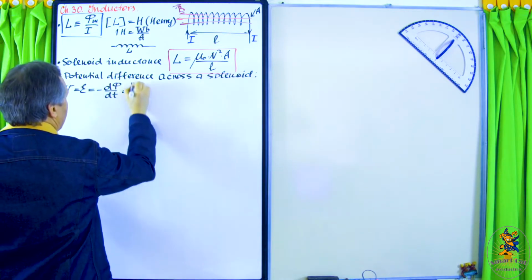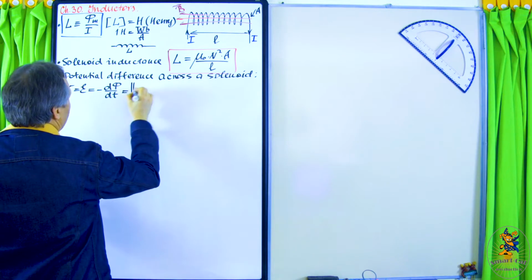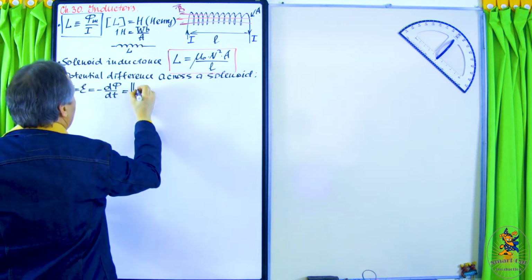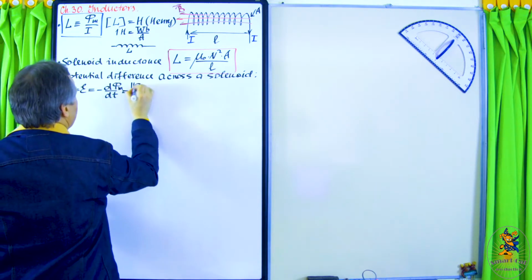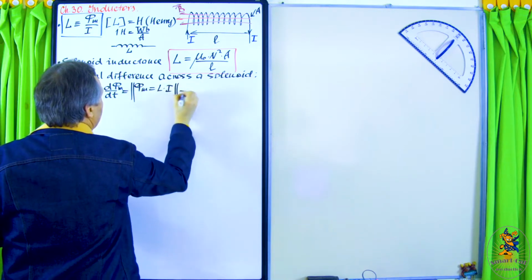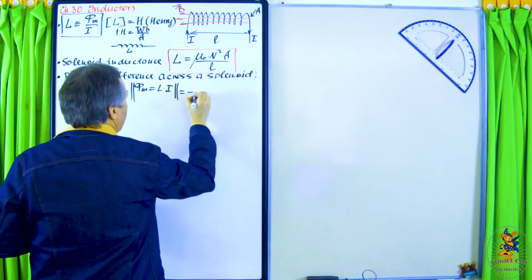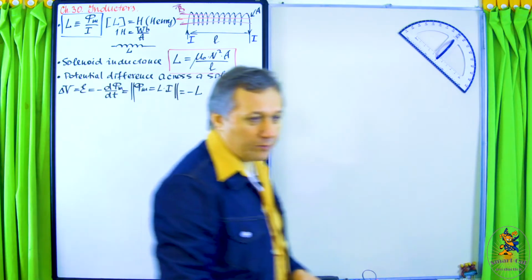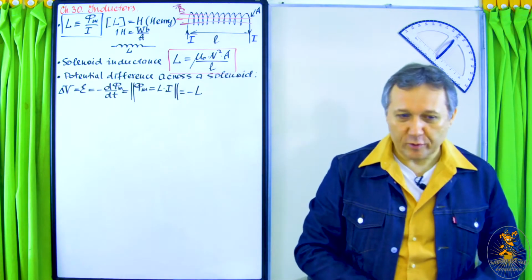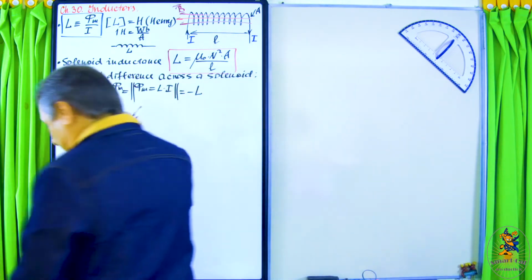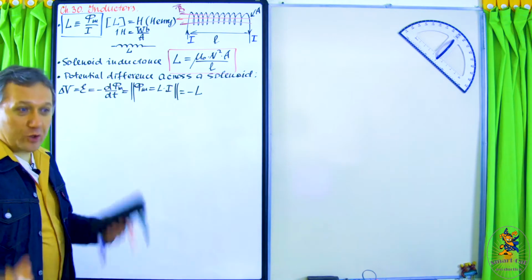And in order to get what we derived in class, we just use the definition of inductance. Magnetic flux equals L times I. So you plug it in and you end up with minus L. L is a constant, because if you pick a solenoid, we usually don't change its shape or its geometry.